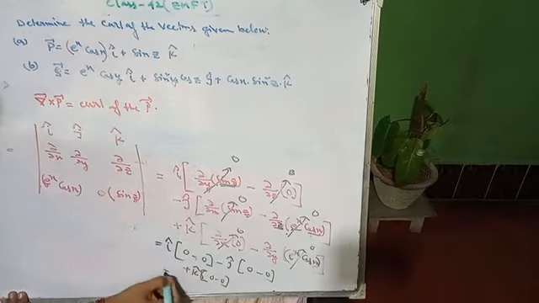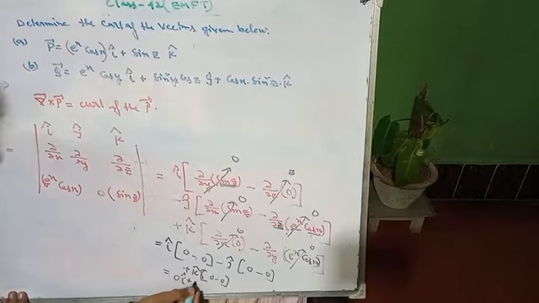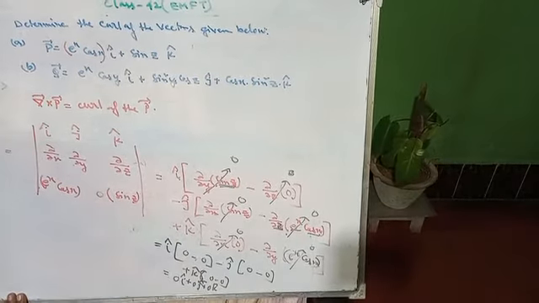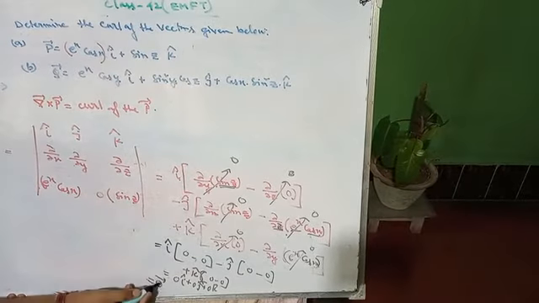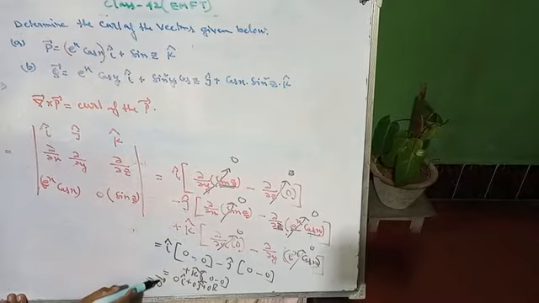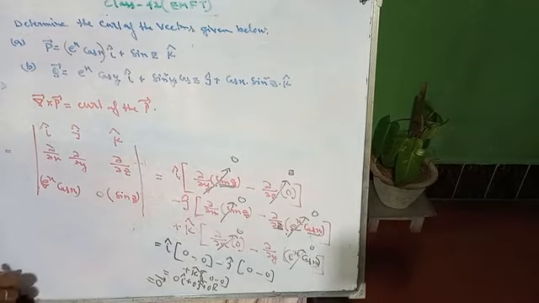So it will be 0 i cap plus 0 j cap plus 0 k cap, right? That will be the 0 vector. Please put the vector sign over the 0, unless you put this 0 vector sign over this 0, you will be punished and some marks will be deducted.